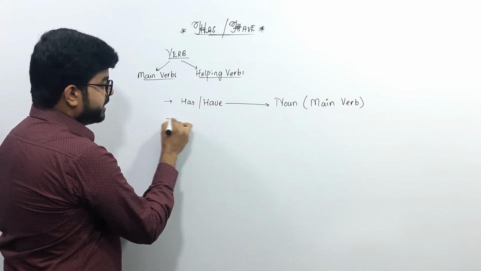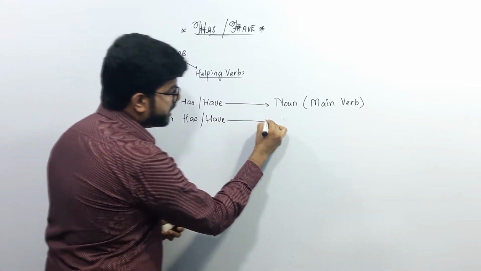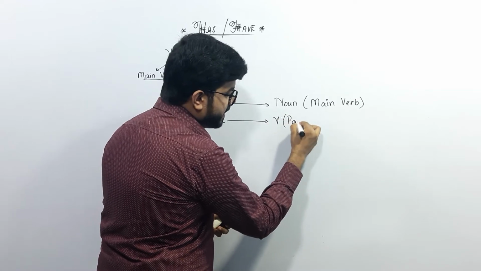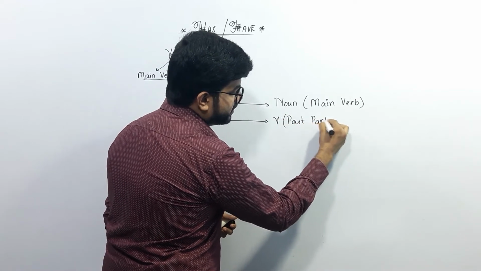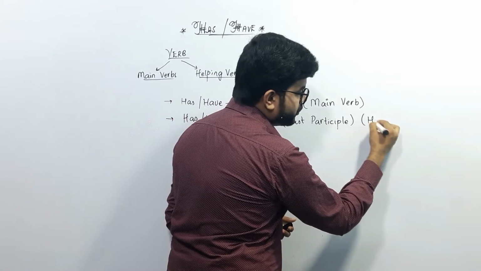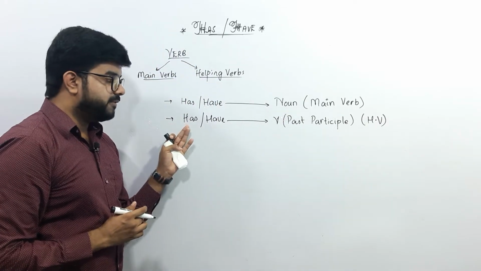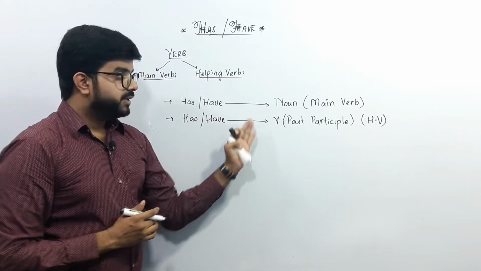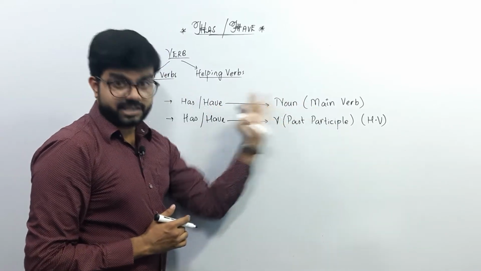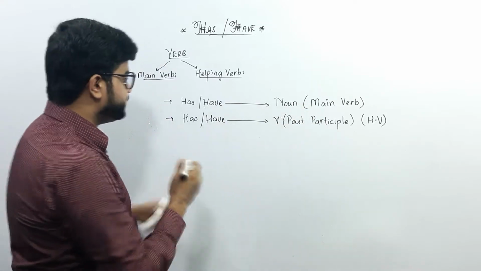And on the other hand, if has and have are followed by a verb with a past participle form, they are called helping verbs, right? Whenever a verb comes after has and have, it is a helping verb, and whenever a noun comes after has and have, they are main verbs, right? So let me give you some examples.